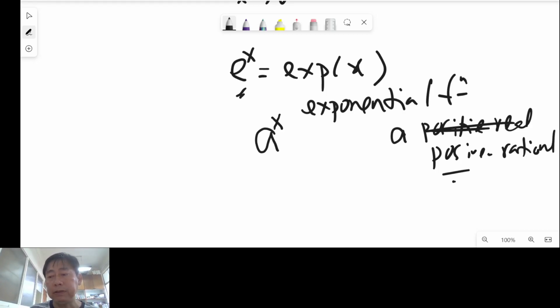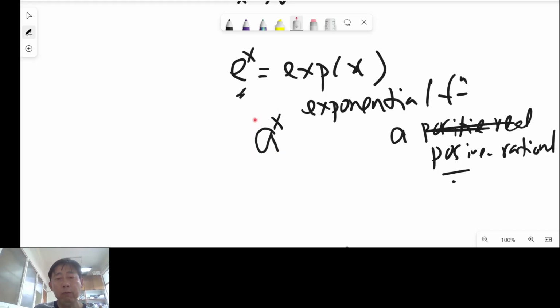So for any positive rational number, the value of a positive rational number raised to a rational number x is easily understood. However, when you make either a or x real, that includes an irrational number, then this exponential function will not be well defined.